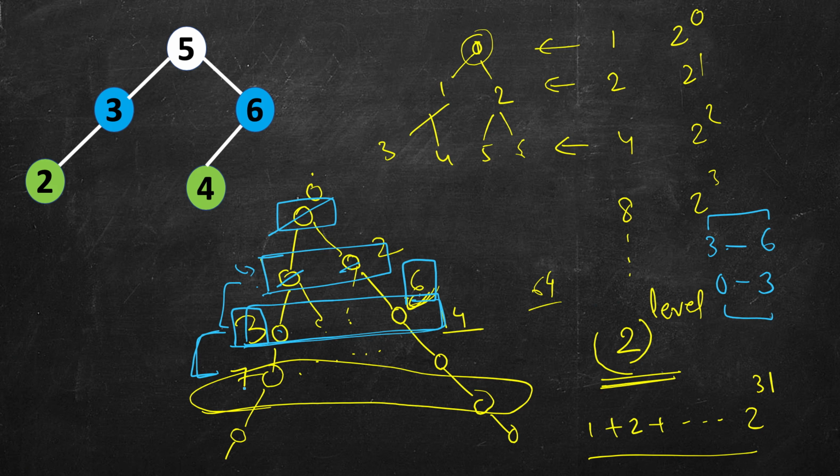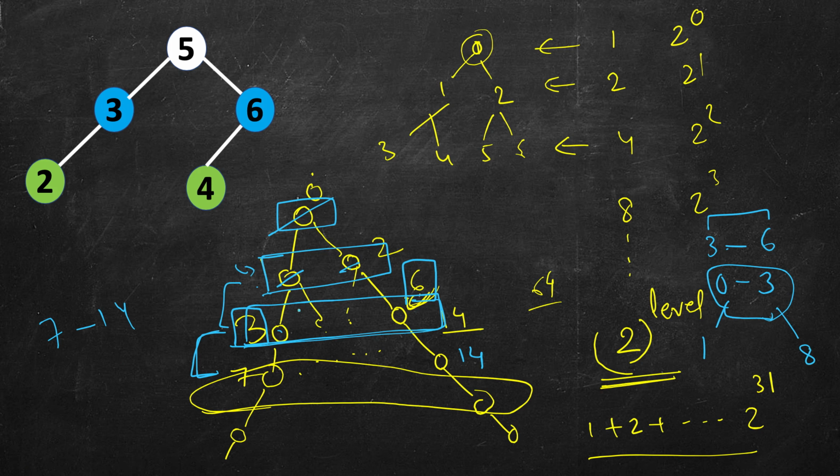And here the indices are 7 to 14. So what will happen if I make it 0 to 3 instead of 3 to 6? It will be twice of this plus 1, that is 1, twice of this plus 2, that is 8.